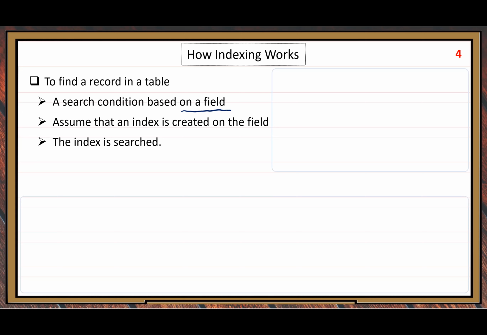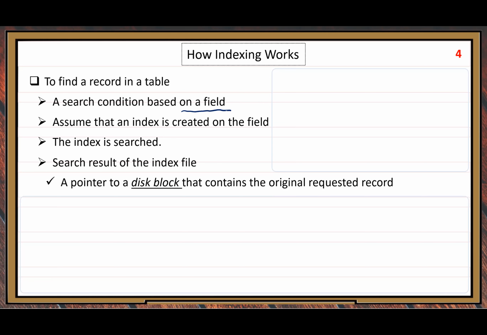So you know where to find it, where to load your data. We will get more details on the structure of the index file. What's the search result of the index file? A pointer to a disk block.